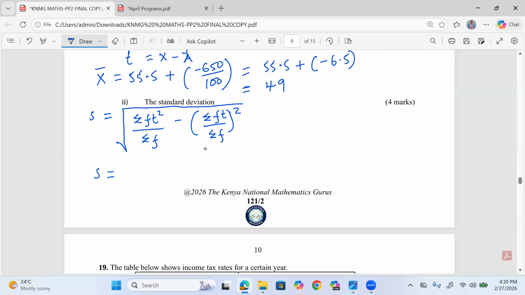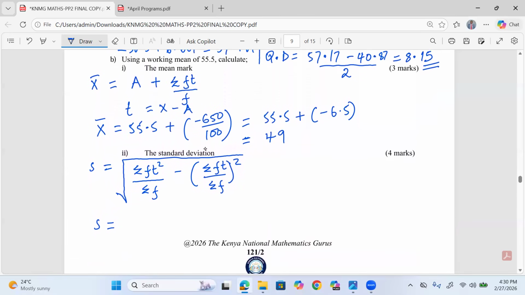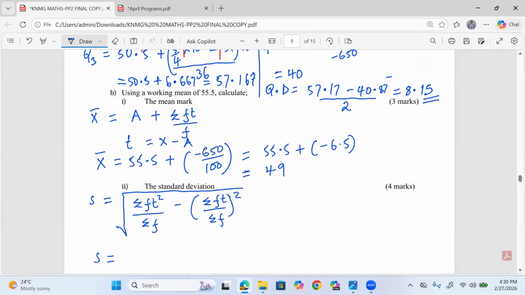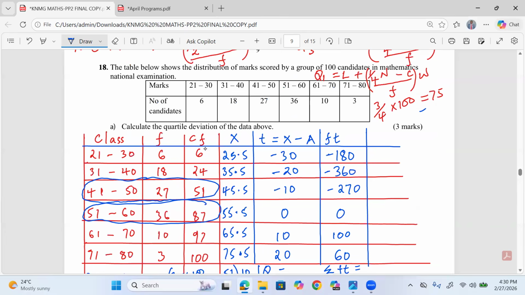So now, before we substitute, we get to the table to work out the value of ft squared. F times every t squared, every deviation squared. We start with the first one.